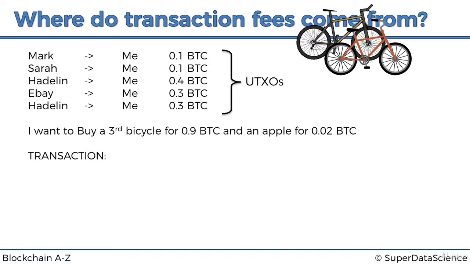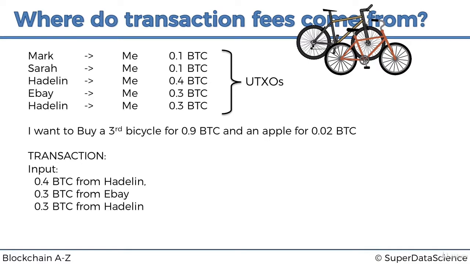All right, so our inputs: how much do we need in total? Let's calculate that. We need 0.92 BTC. So what UTXOs can we combine into 0.92? Let's get started. For input, we'll take the 0.4 from Adlan because that's the biggest one. Then we'll take the 0.3 from eBay, and the other 0.3 BTC from Adlan.